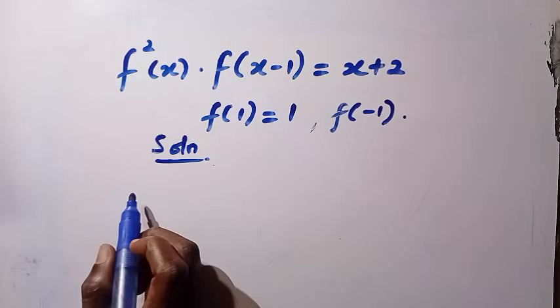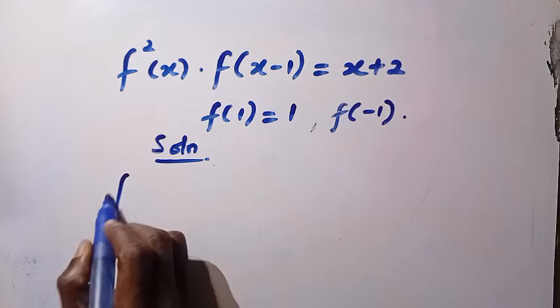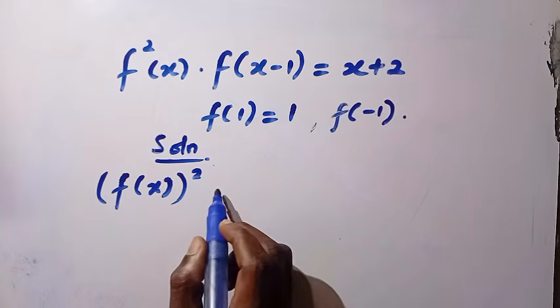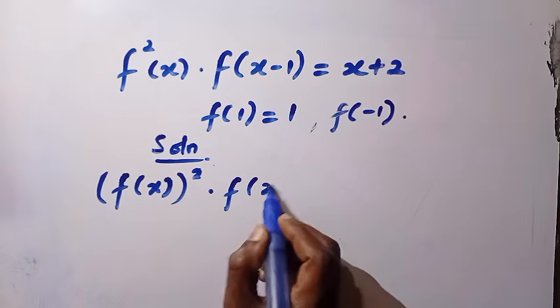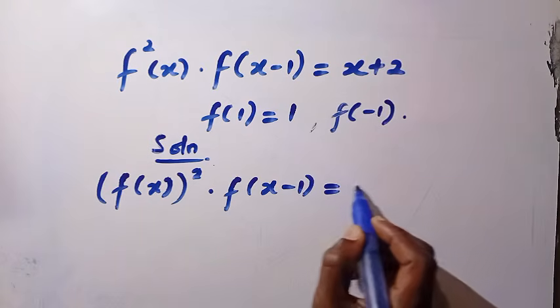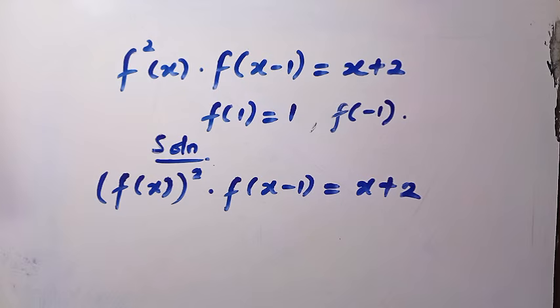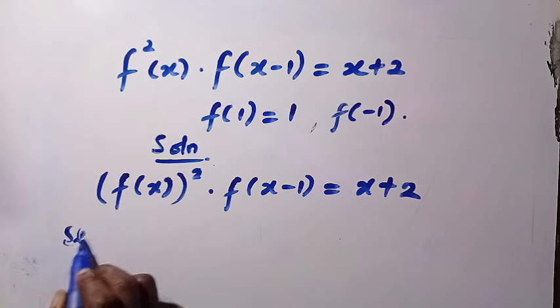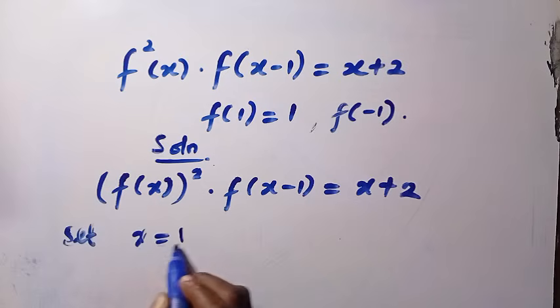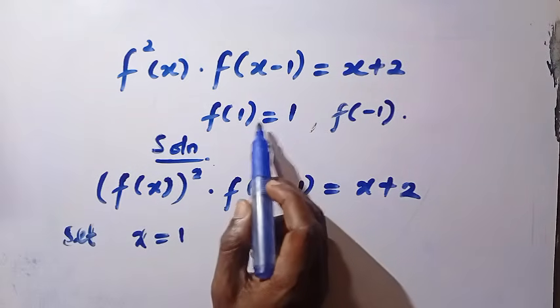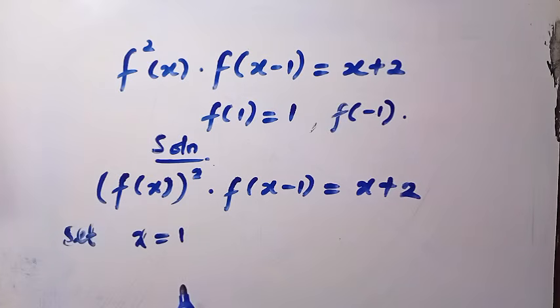So from this expression, f squared of x is the same thing as f of x all raised to power 2, multiplied by f of x minus 1 equals x plus 2. Then suppose I set x equals 1. Since we are given f of 1 equals 1, we need to know the equivalent value of this here.